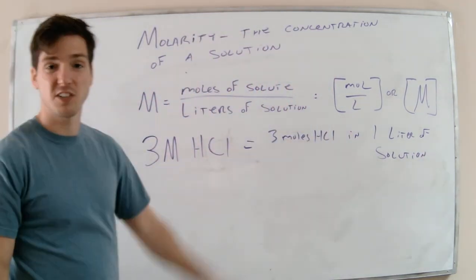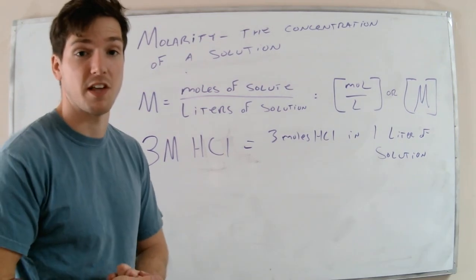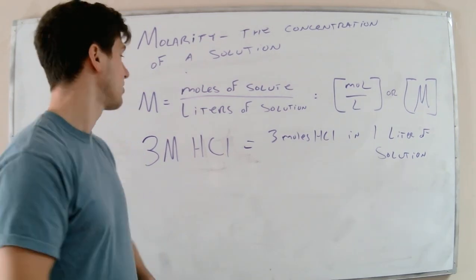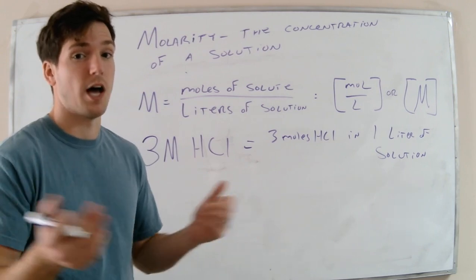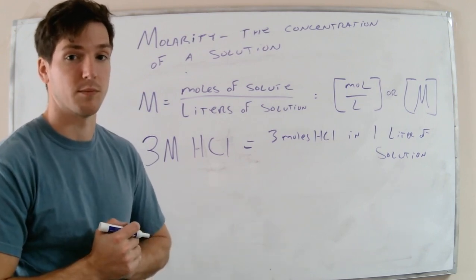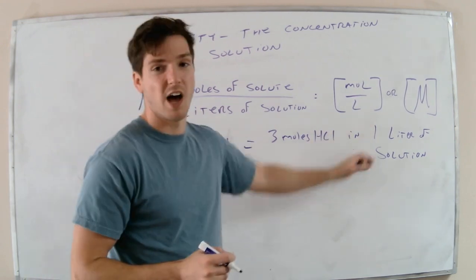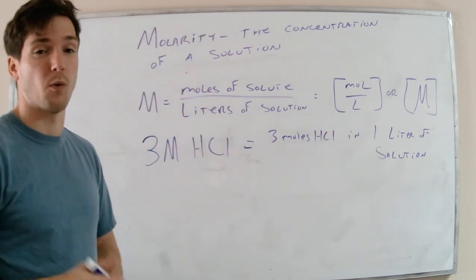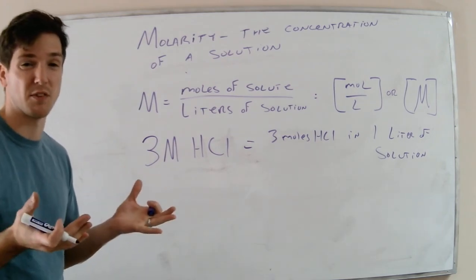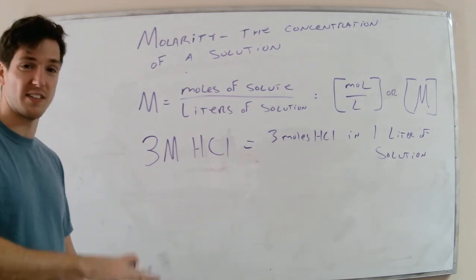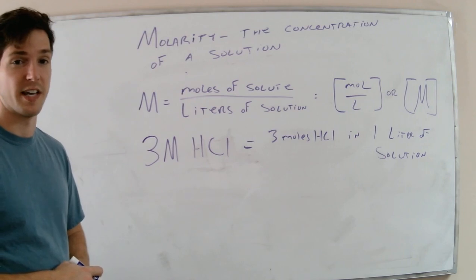If you think of the molar mass of HCl, it's 36.5. So if I have 3 moles of HCl, that's about 110 grams of HCl dissolved to fill 1 liter of water. So I'd take about 110 grams of HCl and fill it until I got to 1 liter in my container.